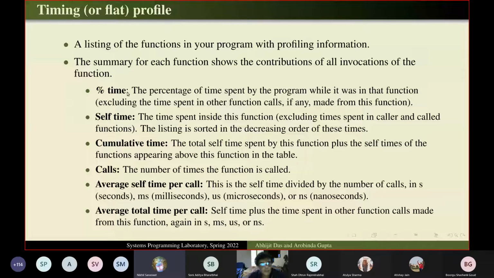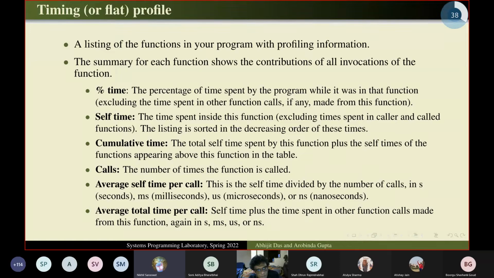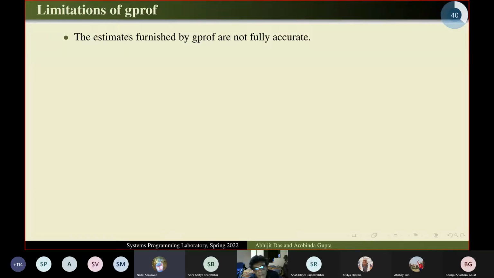The trouble is that the GNU Profiler gives you only an approximate estimate, and these estimates must not be considered fully accurate. This is just giving you an indication of these things, percentage of time and all this stuff.